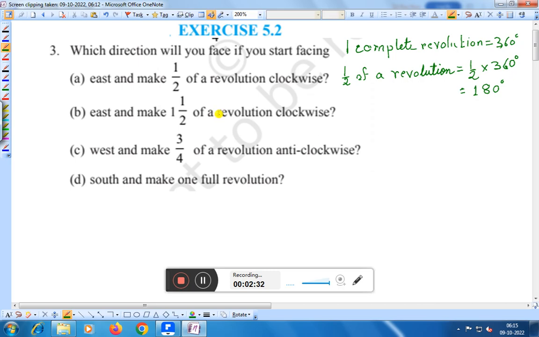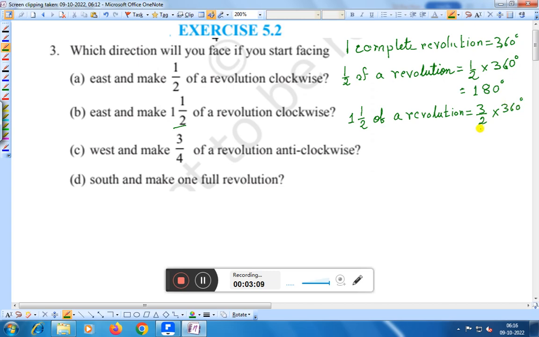Now what is this? This is one whole 1 by 2 revolution, right? One whole 1 by 2 of a revolution is equal to 1 whole 1 by 2, that is 2 twos are 2 plus 1, 3 by 2, right? That means 3 by 2 of a revolution, 3 by 2 into 360 degree.